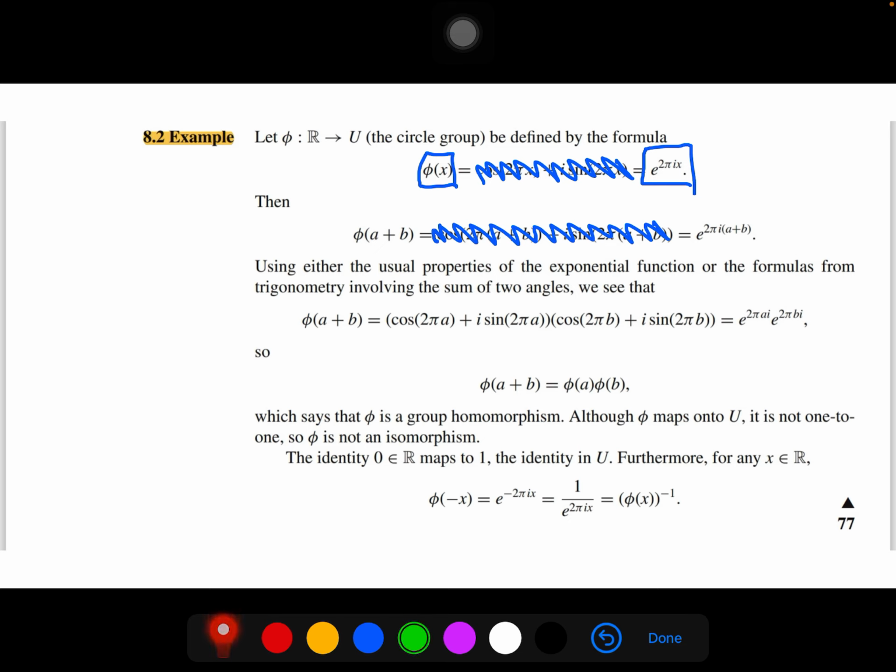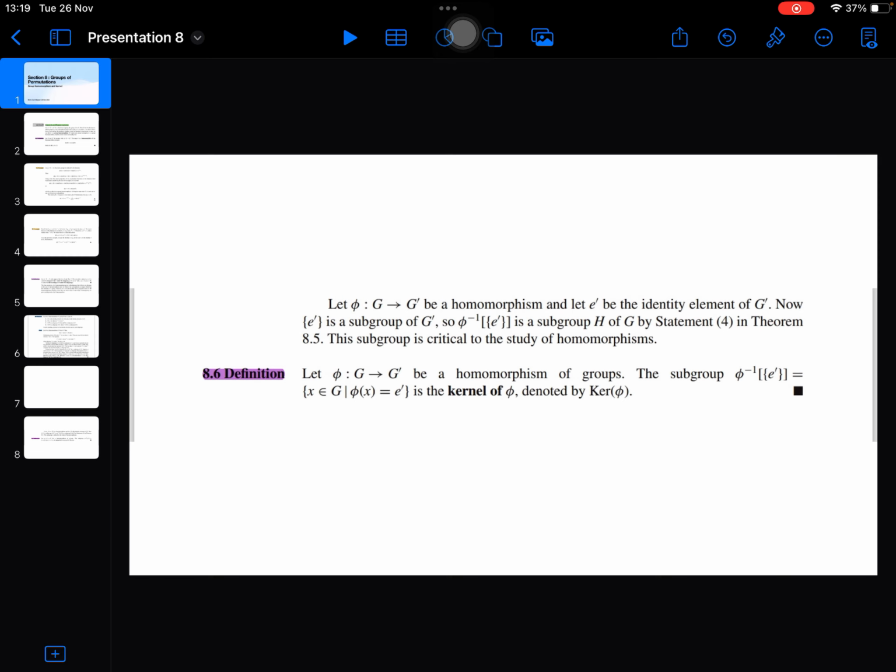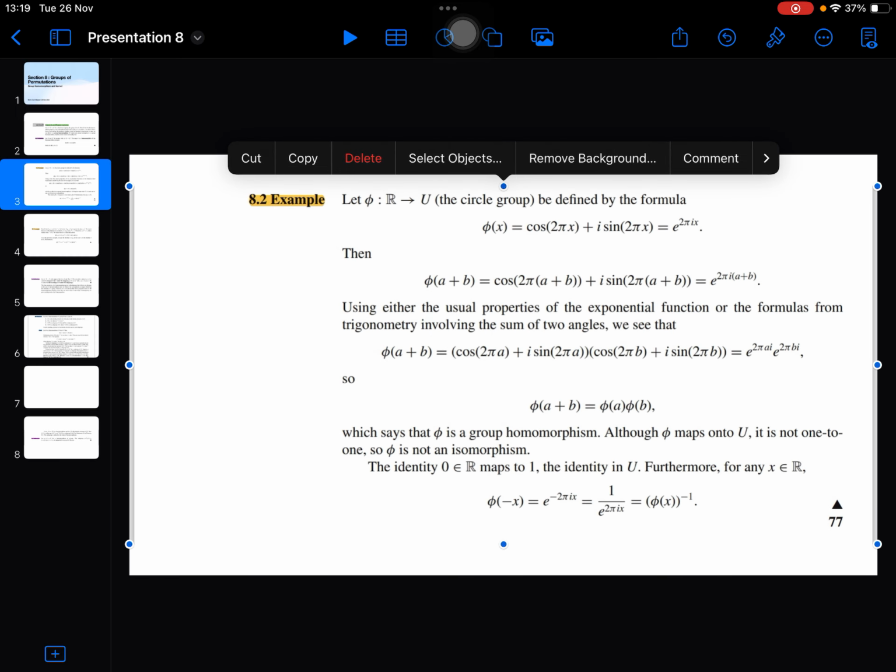Again, I will skip the polar form. On the right side, what we had just now is also equal to e to the pi a i multiplied by e to the pi b i. What happened here is I just expanded the parenthesis of a plus b in the exponent.